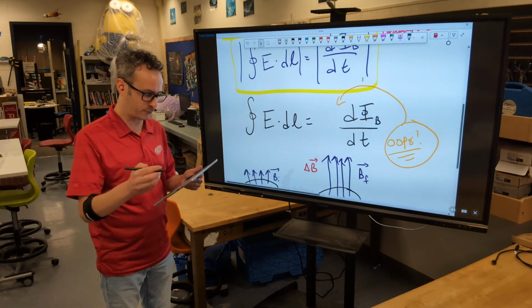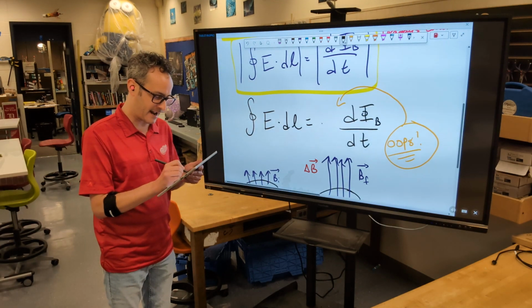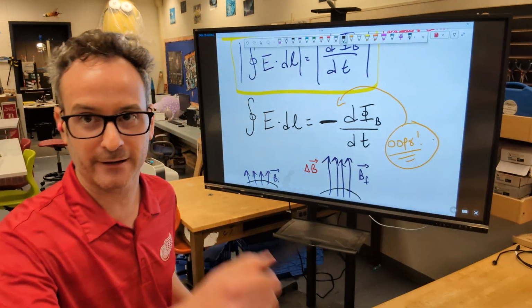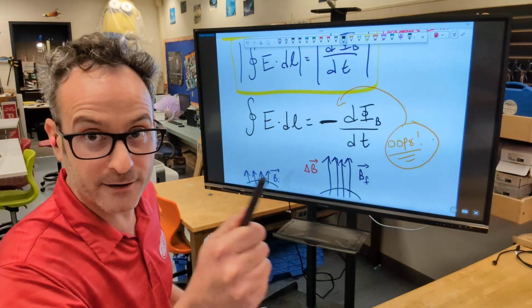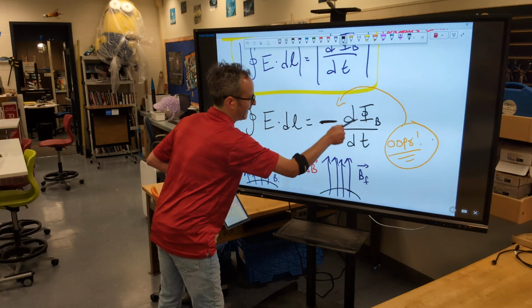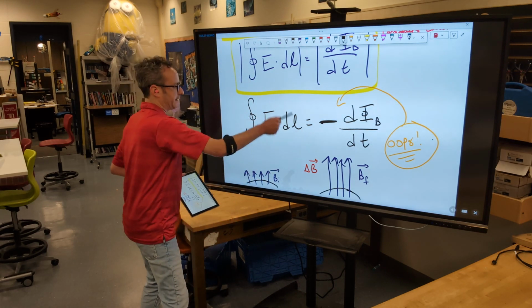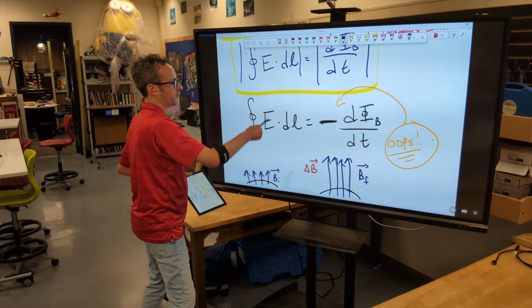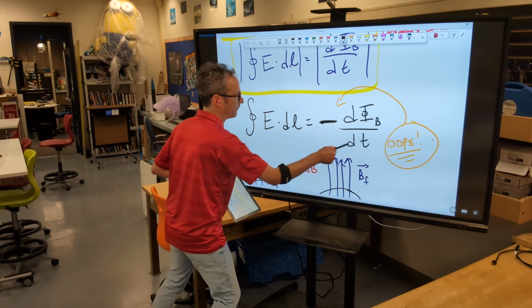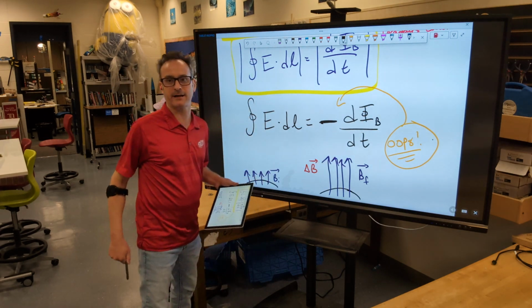However, if you want the actual direction, there's a negative sign in there. Lenz's law says that whatever the rate of change of magnetic field, the electric field that gets produced moves in such a way that it produces its own magnetic field that goes against the change in magnetic field.